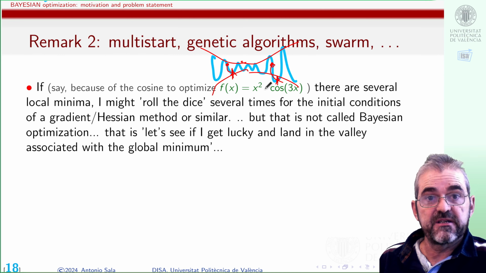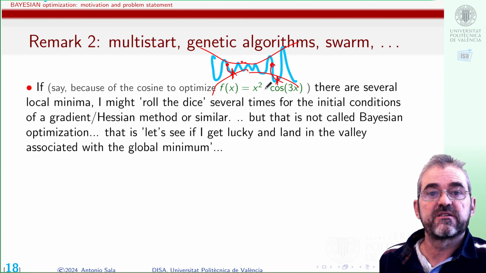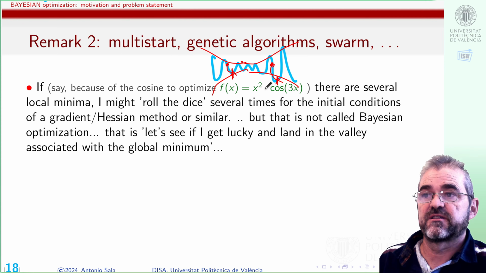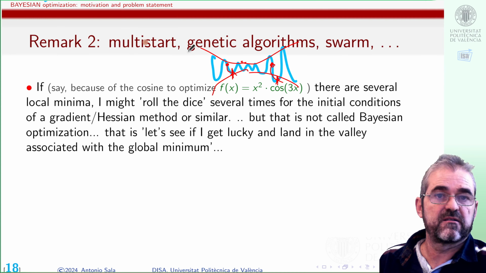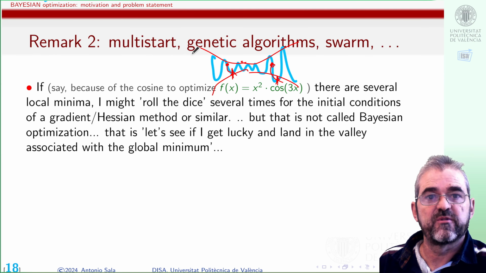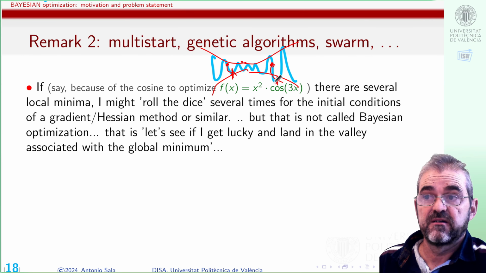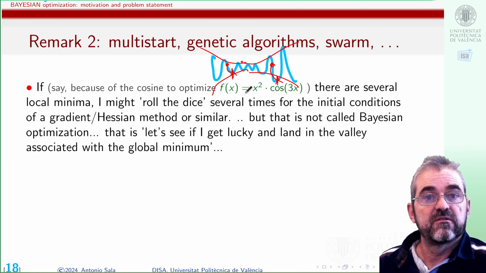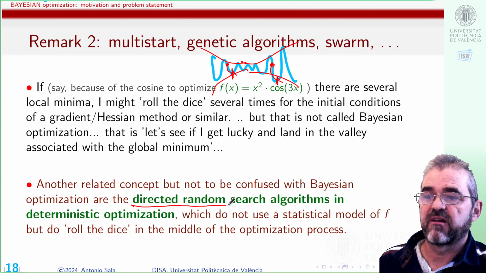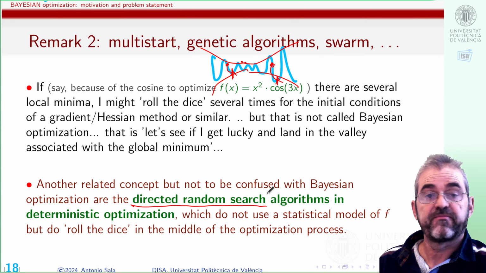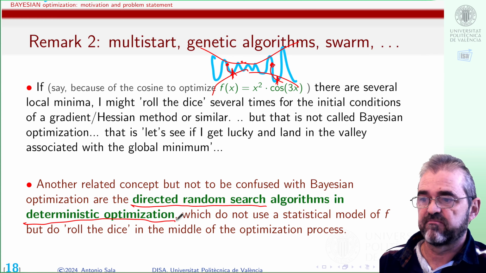So there are deterministic optimization problems in which we throw the dice, for instance, in the initial conditions. This is what we call multi-start options in deterministic optimization. And in fact, the general class of models in which this kind of random stuff is done is named directed random search algorithms in deterministic optimization.